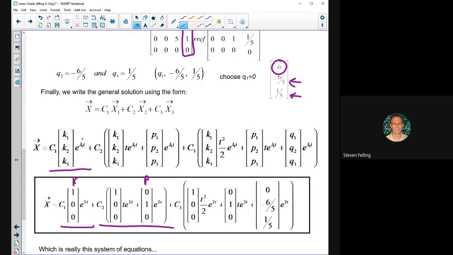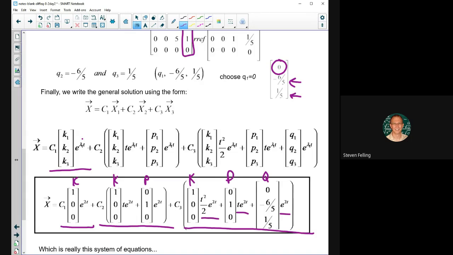So it's going to be (1, 0, 0) t e^(2t), and then (0, 1, 0) e^(2t) with the p vector. That's all for C2. And then for C3, we're going to use this next form that I showed on the last screen, which is C3 times the k vector times t²/2 e^(2t), the p vector times t e^(2t), and the q vector times e^(2t).